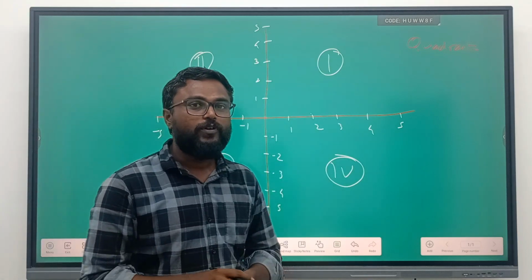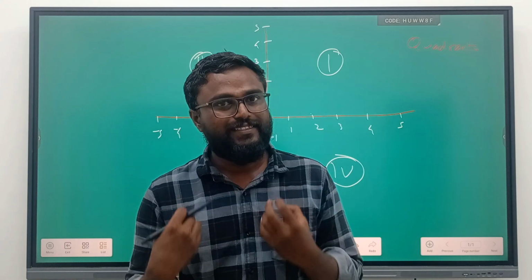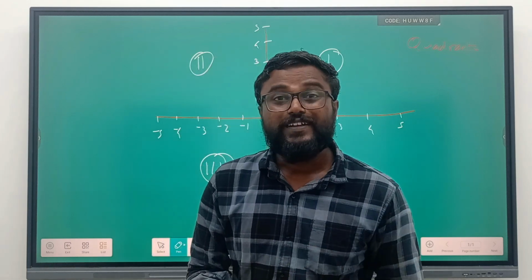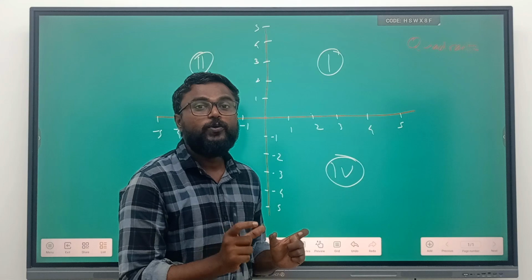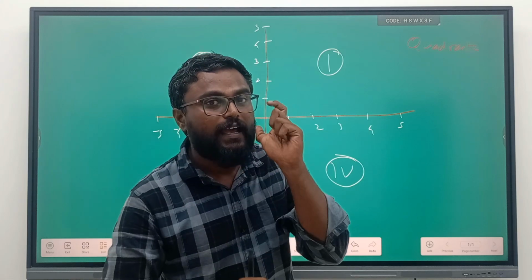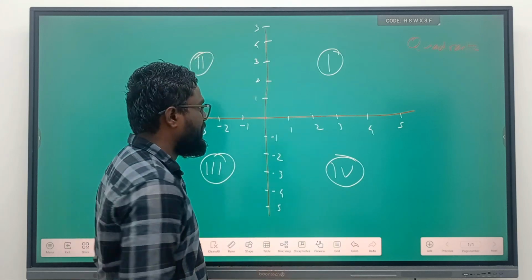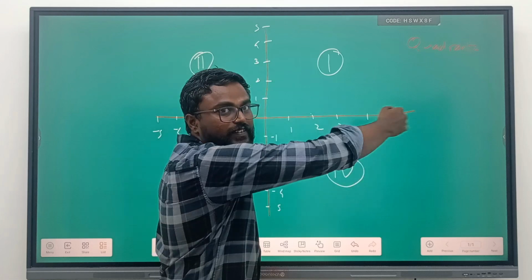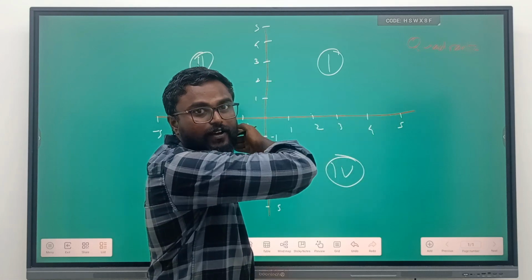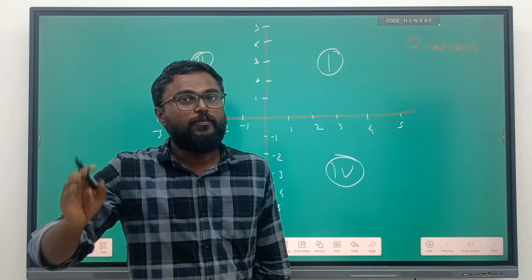Now, what is more important that I wanted to convey to you in this video is sign convention. Actually, how do the signs work in any coordinate axis? So here, if you see, all the x coordinates are positive.